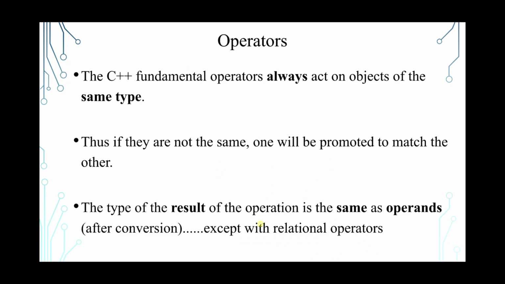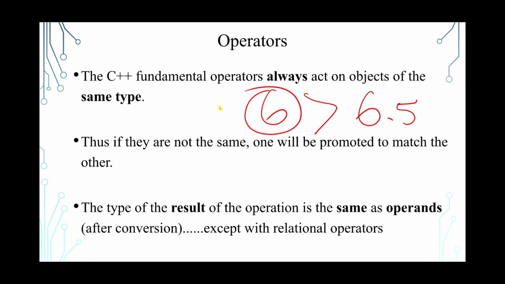So operators in C++ always act on objects of the same type. So what happens if we don't have objects of the same type? Like, is 6 greater than 6.5? Then this one gets promoted.